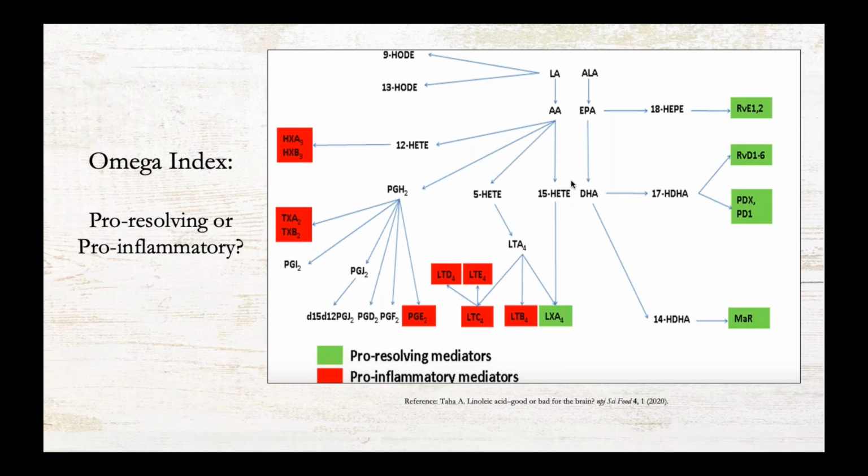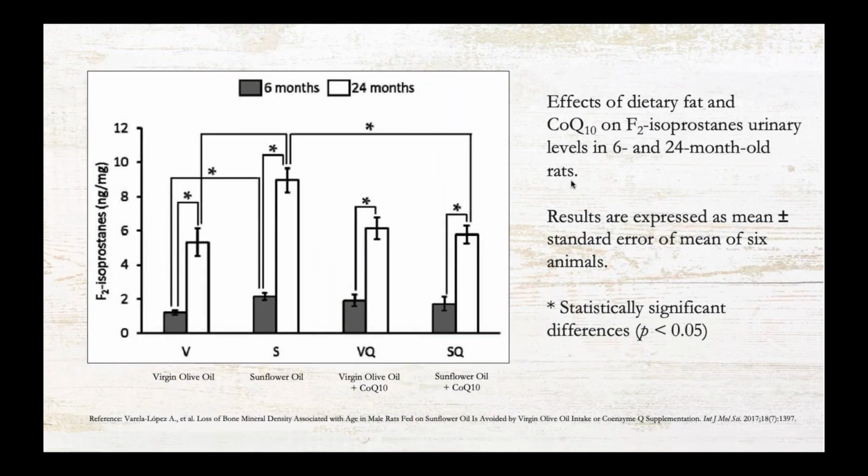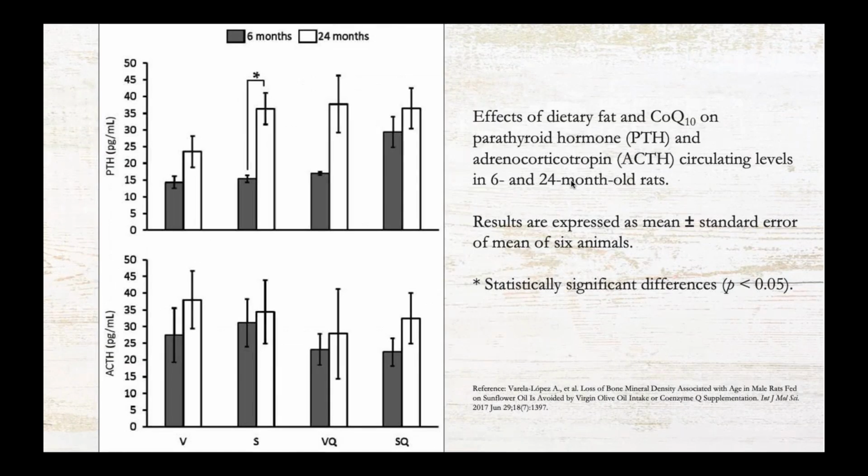This looks at neurological health, this study, and it's great. It's a great look at how omega-6 and omega-3s shape things like brain inflammation, not just cardiovascular risk. I talked about bone resorption. A lot of people aren't familiar with that, but you look at isoprostanes and the effect that they have on bone health. It's really clear. Vegetable oil compared to sunflower oil, real significant differences in terms of the amount of bone resorption that takes place.